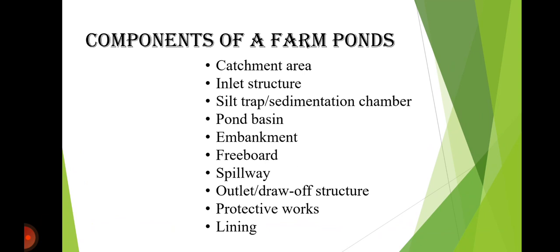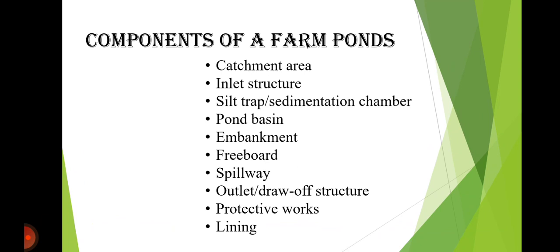When water enters the farm pond through the inlet, it exits through the outlet structure for irrigation or other agricultural uses, helping in controlled release of water. Examples are pipe outlets, pumping arrangements, and sluice gates. These are examples of outlet structures, one of the components of a farm pond.